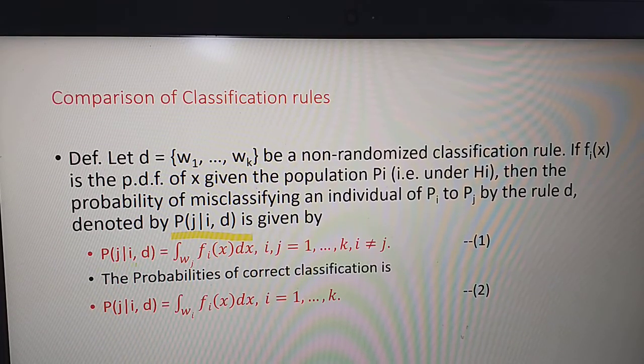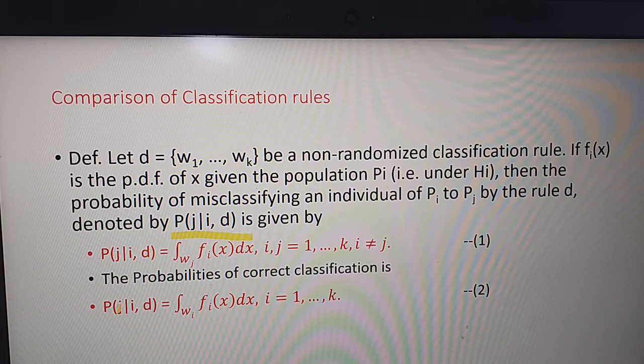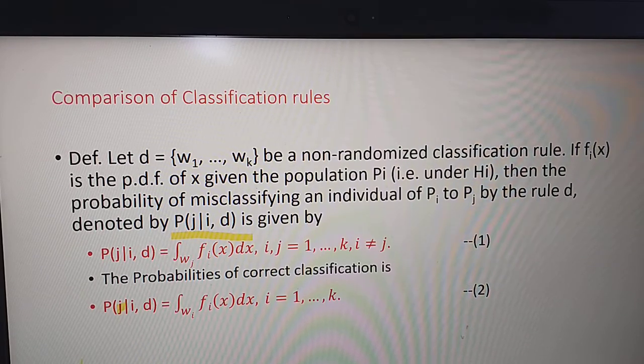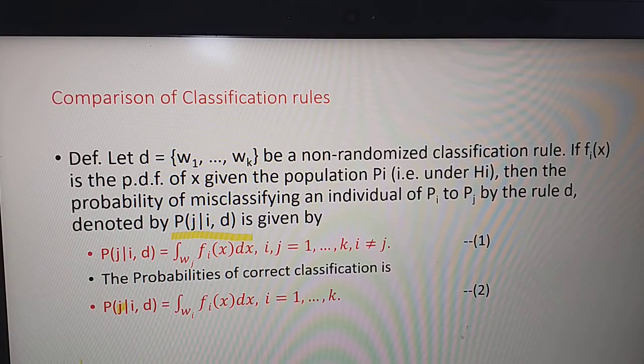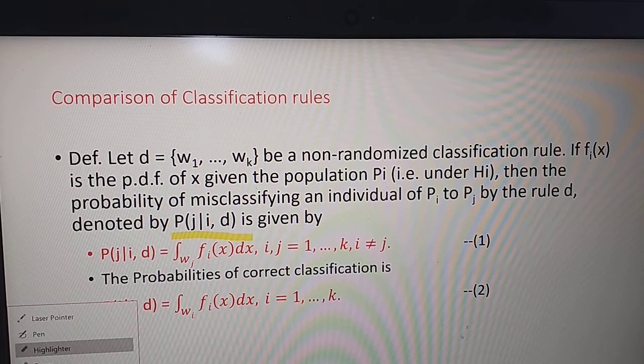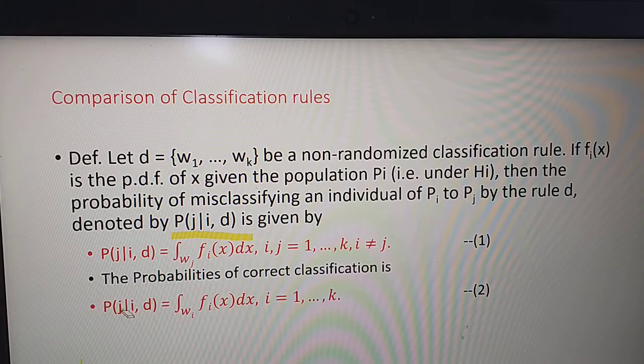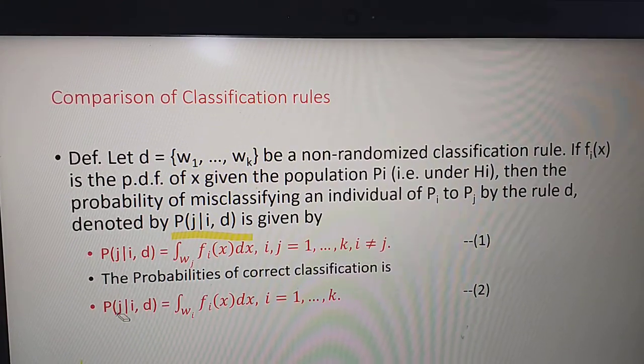This is the probability of misclassification, and the probabilities of correct classification. That is, the probability of correct classification should be Pii. This is incorrect, so you modify this. This should be Pii, not Pji. I can use the eraser. This should be removed.